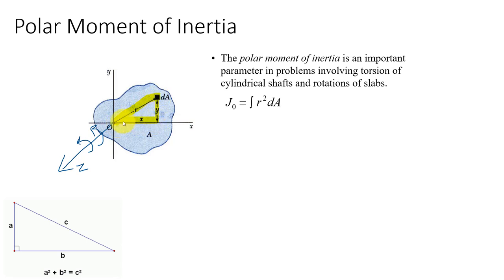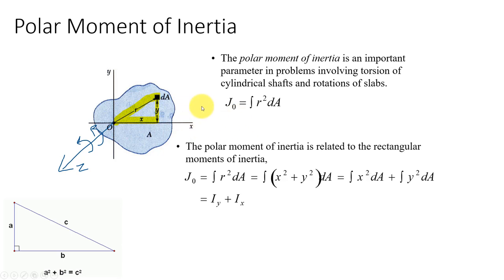So x squared plus y squared equals r squared. And the moment around that z-axis ends up being Iy plus Ix. So when you say x squared dA plus y squared dA, that ends up often being the easiest way to calculate the polar moment of inertia, just adding together what Ix and Iy are.